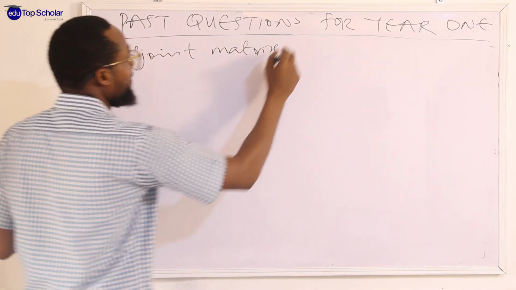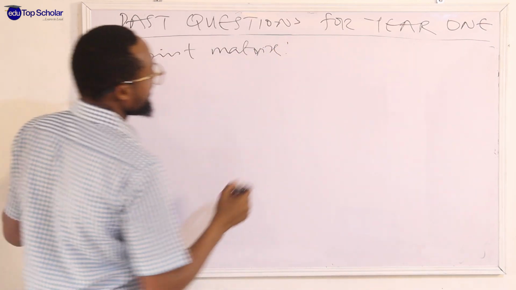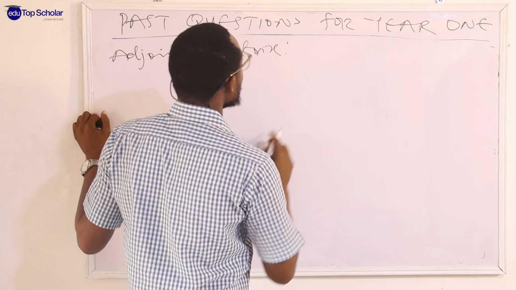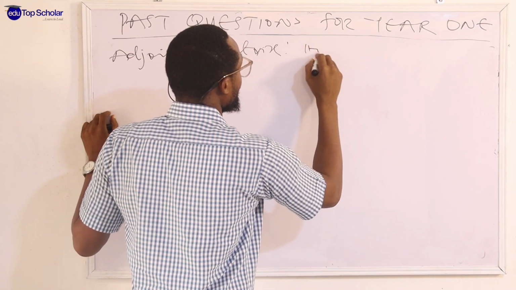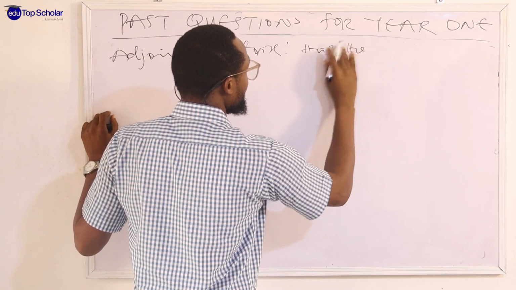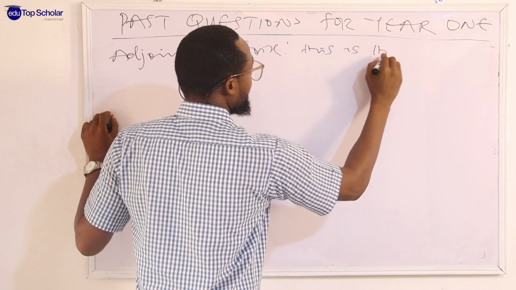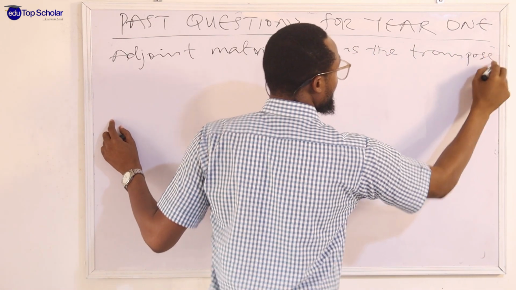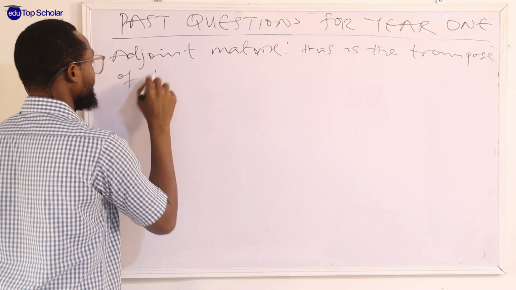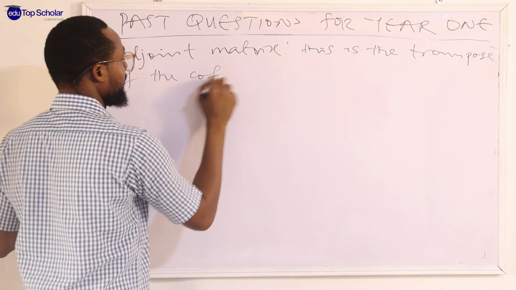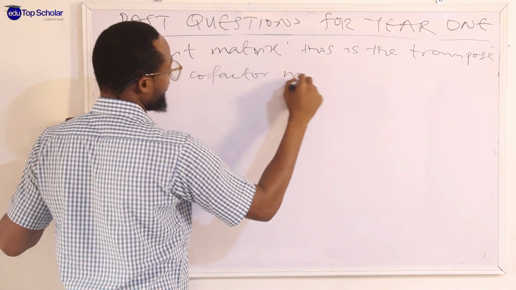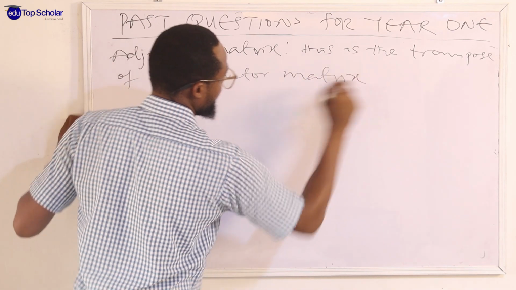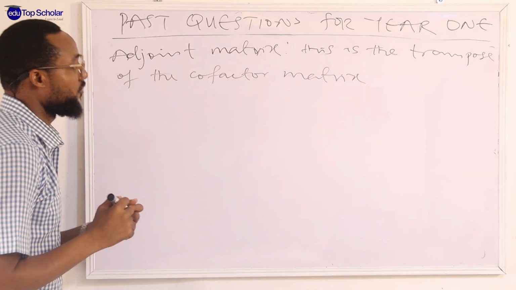The adjoint of a matrix is the transpose of the cofactor matrix. The transpose of the cofactor matrix.